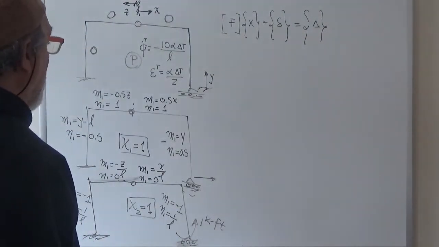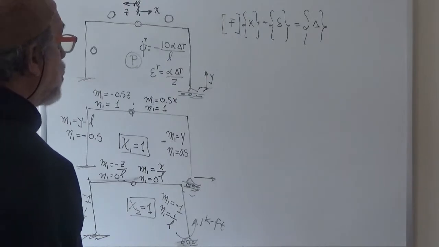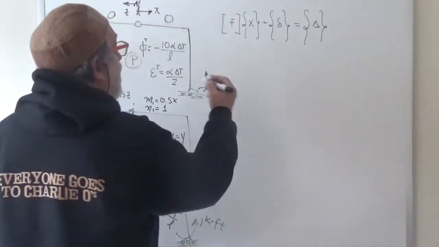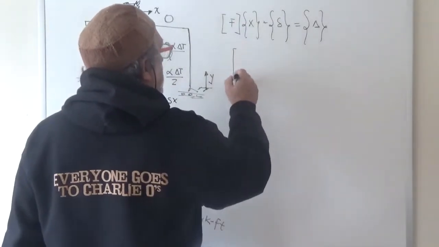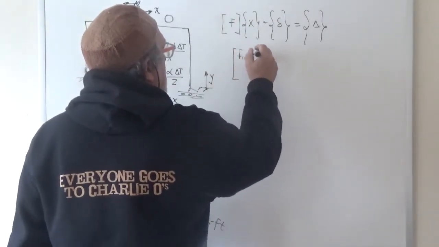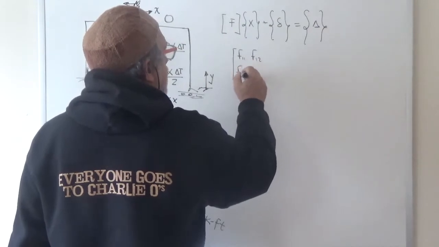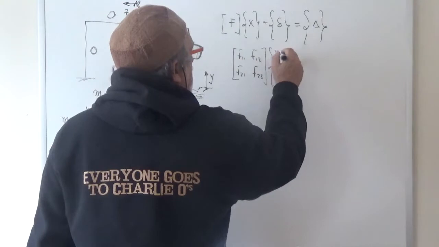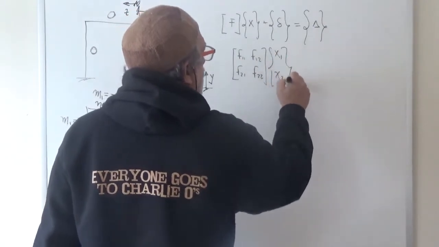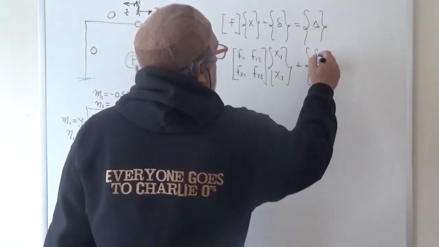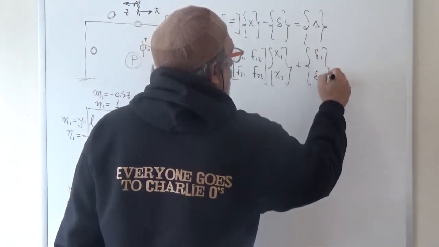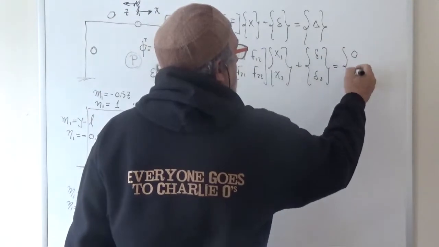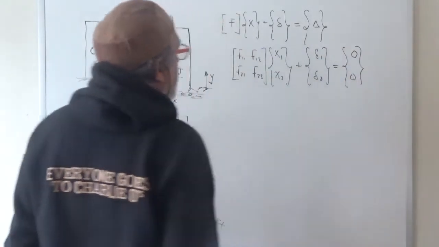And if we have a problem with 2 redundants, then we are in the particular instance where this is F11, F12, F21, F22, times X1, X2, plus delta 1, delta 2 equals capital delta 1 and capital delta 2. But in our case, they will be 0.